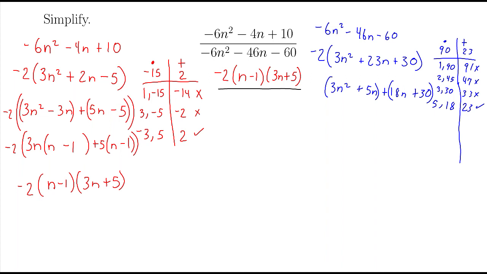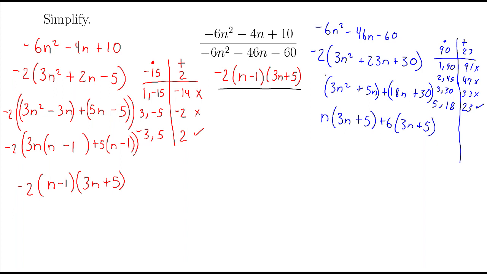3n squared plus 5n have a common factor of just n. If I divide by n, I'm left with 3n and positive 5. 18n plus 30, those are both divisible by positive 6. If I divide by 6, 18 divided by 6 is 3, so we have 3n, and 30 divided by 6 is 5.